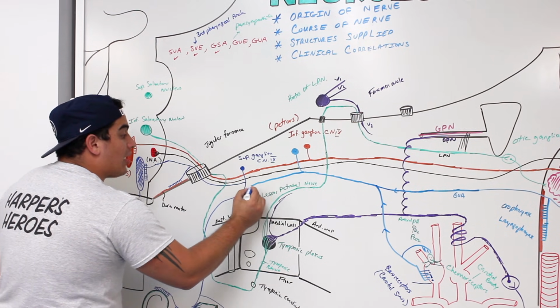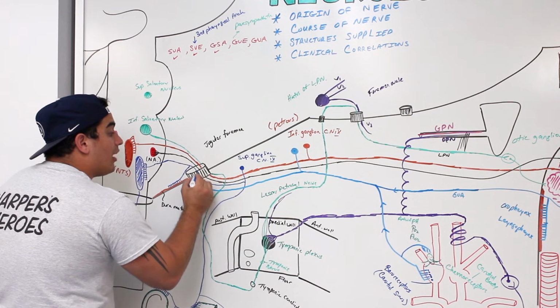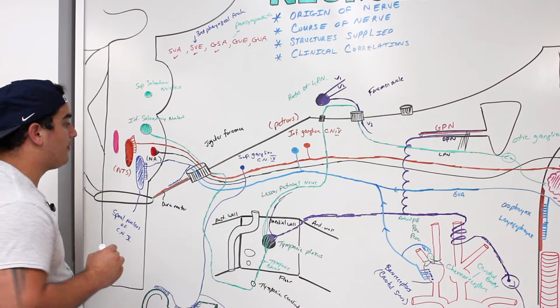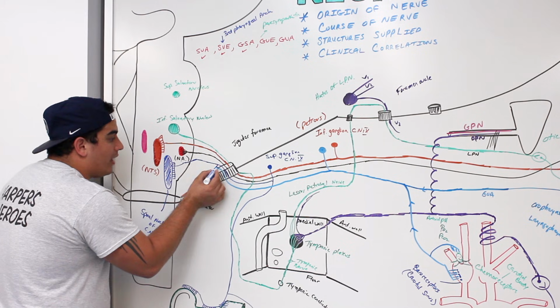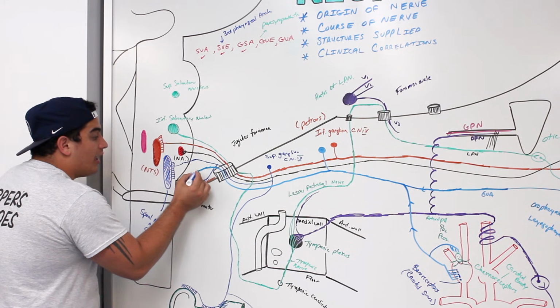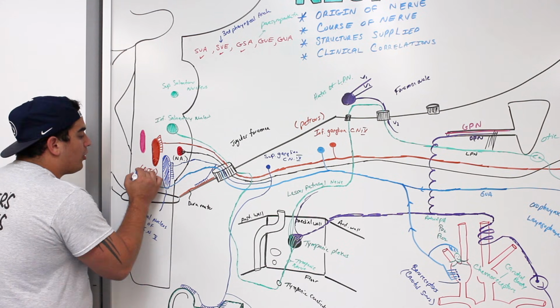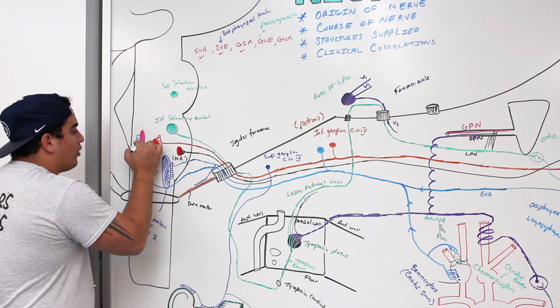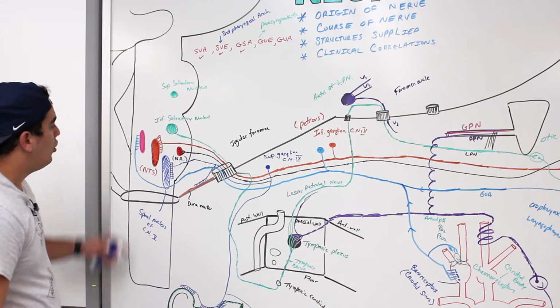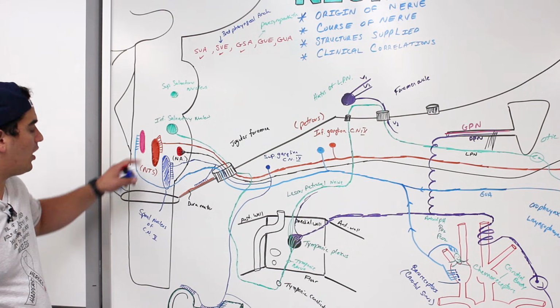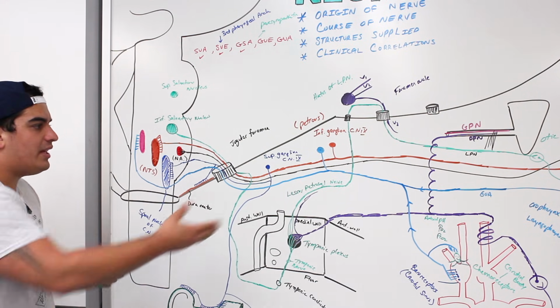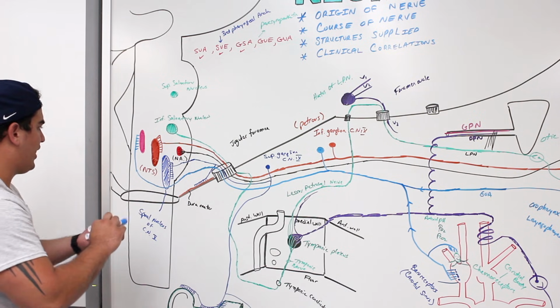Then these central processes are moving where? They're moving up through the jugular foramen, and then they go into the medulla, and from the medulla they'll go to a specific nucleus. What is this nucleus right here called? Okay. So it's going to be taking these GVA fibers into two different areas, actually.